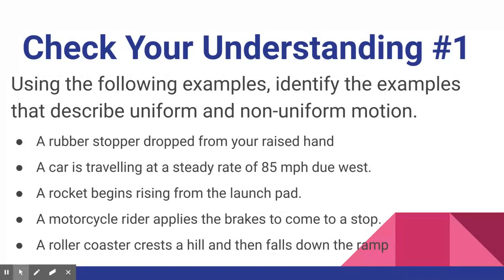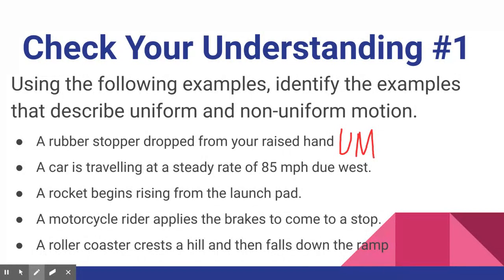Okay, so a rubber stopper dropped from your raised hand. What we described there is pretty much what we talked about before with the penny. That right there is going to be uniform motion. So I'm going to write it like this: UM will be uniform motion.